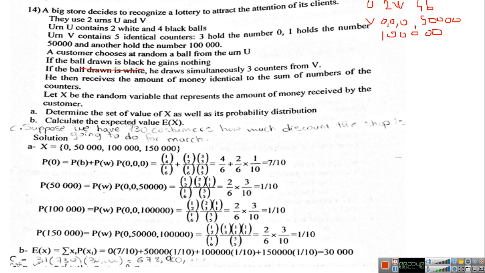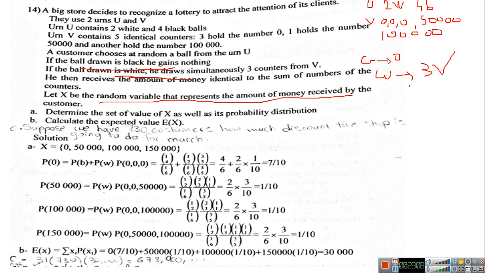If the ball drawn is black, he gains nothing. So if you draw a black, you get 0. You don't get anything. If the drawn ball is white, he draws simultaneously three counters from urn V. Let X be the random variable that represents the amount of money received by the customer. So what are all the possibilities if you want to draw 3 from V?